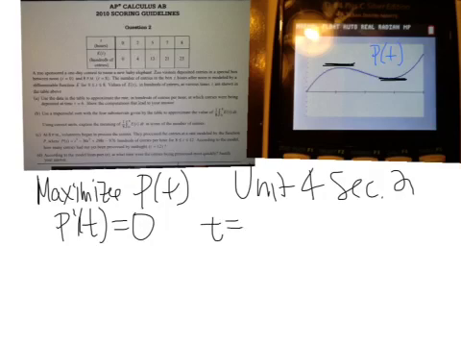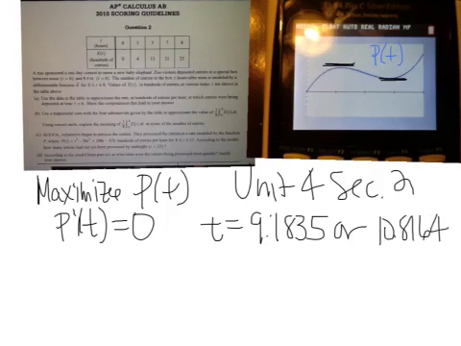That could be at t equals 9.1835 or at 10.8164. But remember, it could also happen at an endpoint. So we also need to consider the endpoints, which are 0 and, oh, just kidding, not 0, 8. Sorry. Which are 8 and 12.